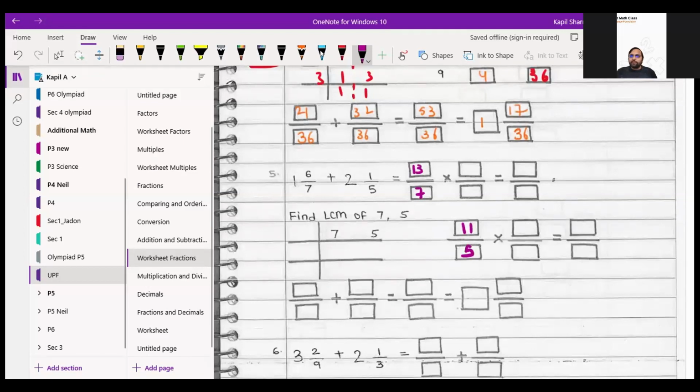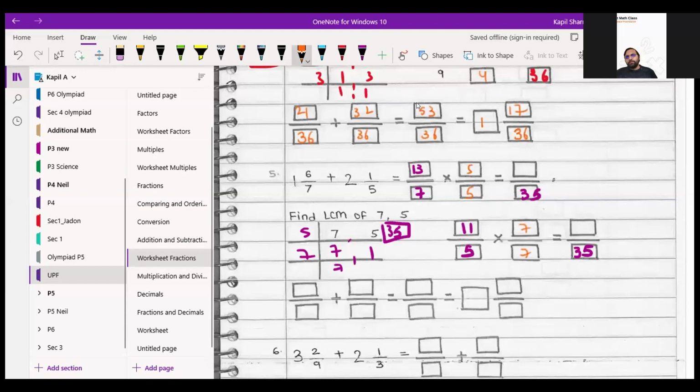Okay, so after this, LCM of these two is simply 35. So common denominator would be 35. That means we need to multiply and divide the first fraction by 5 and the second one by 7.